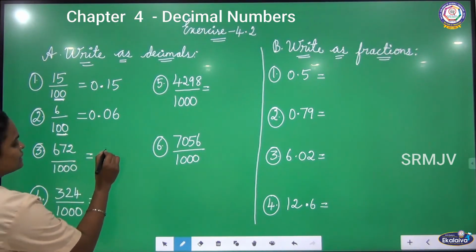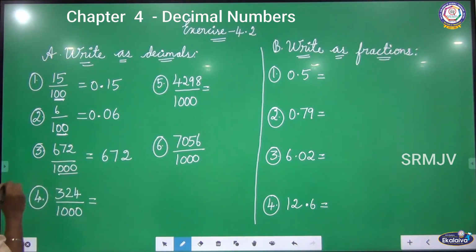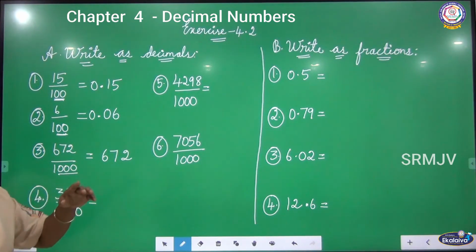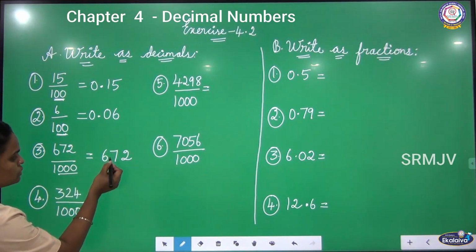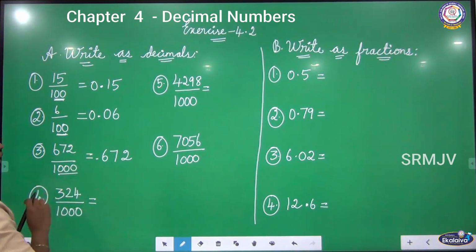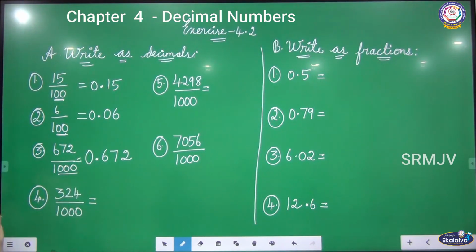Next you write 672. How many zeros are there in the denominator? 3 zeros. So from the back you leave 3 digits, 1, 2, 3, and put the dot. In front of the dot you write 0: 0.672.